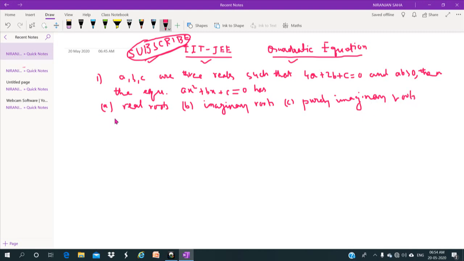And D is given: only one root. It cannot be, I cut this down. Any quadratic equation must have two roots.